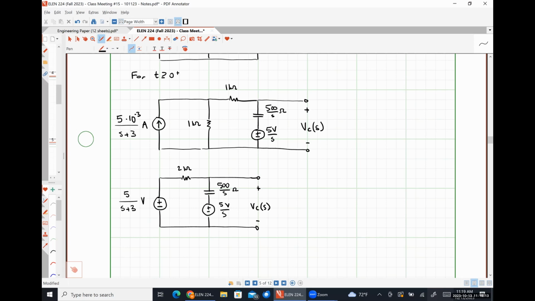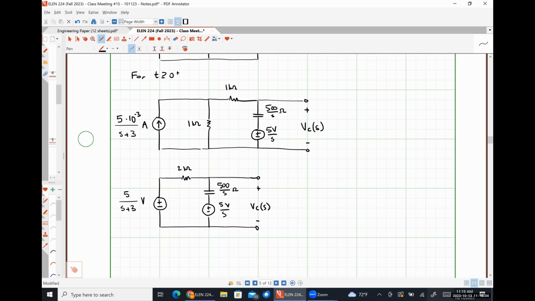I'm going to say no to voltage division for, well, the most obvious reason is because this VC of S that we're trying to solve for includes the voltage drop over this source. So that's going to make things a smidge wonky for voltage division. Not saying it couldn't be done.